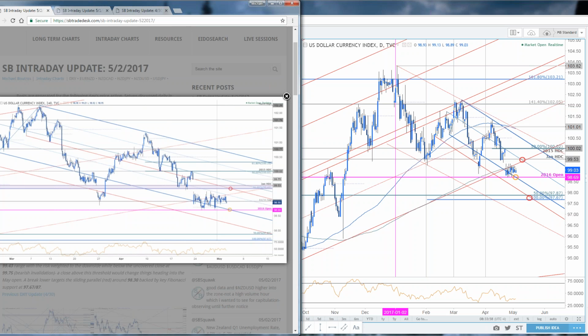So the focus is really going to be on the language in the statement, and if there's any alterations to that language, which would suggest that the Fed is a little bit more hesitant. Remember a couple of things. We still do have NFPs on tap later this week, but last month's NFP numbers were rather weak. But the PCE, the personal consumption expenditure for the first quarter, came in right at 2%. That's the Fed's target.